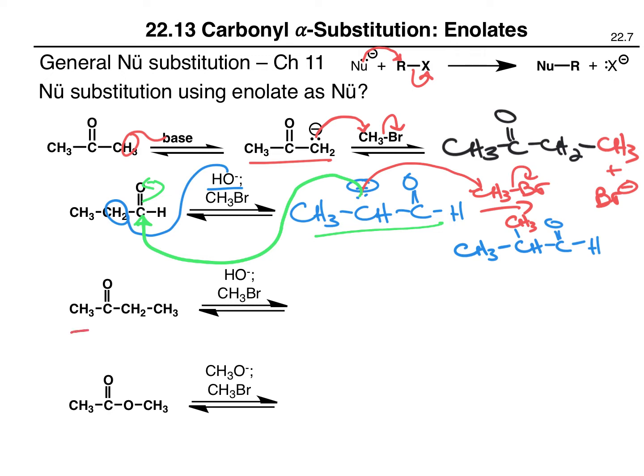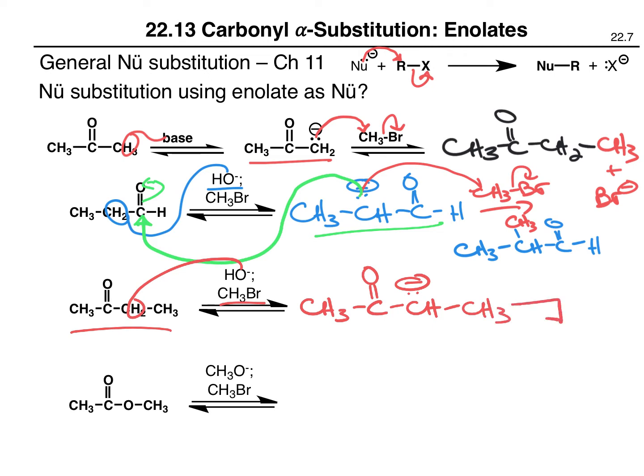If we have a ketone and we treat it with hydroxide followed by methyl bromide, and we're trying to do nucleophilic substitution, well, this can grab off one of these protons, giving us this enolate, which can then react with the methyl bromide, kicking this out, giving some of this.